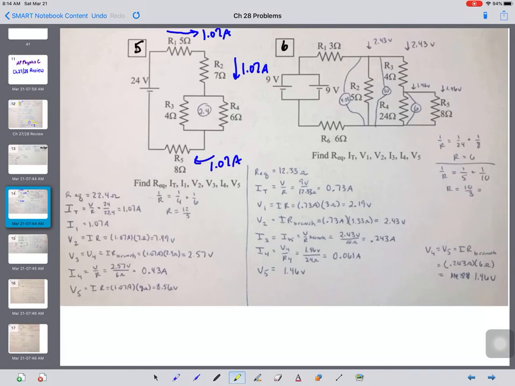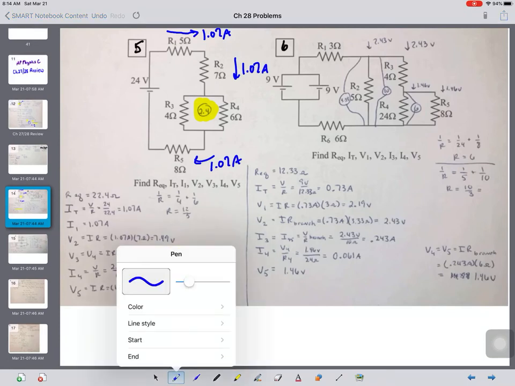That just leaves us with resistor 3 and 4. And the 1.07 amps would go through there if there was only one resistor, which would be the 2.4. So then 1.07 amps times 2.4 ohms gives us the number of volts on each side here, and that's basically what I've done right there.